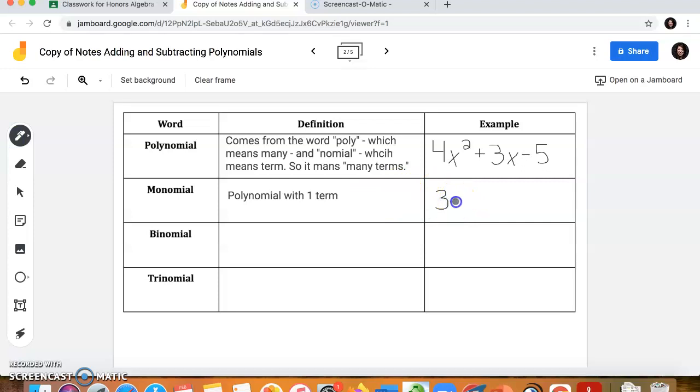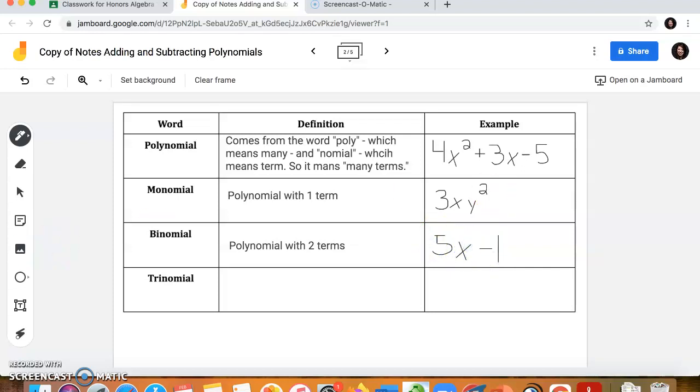It might look like 3x. I'll add another variable. It could just have one variable, but that's a monomial. It's just one term. So 3xy squared, one term. A binomial is a polynomial with two terms. So maybe it could look like 5x minus 1.